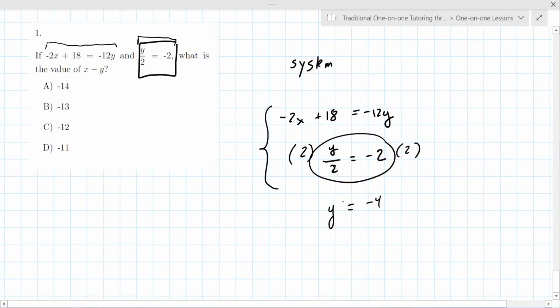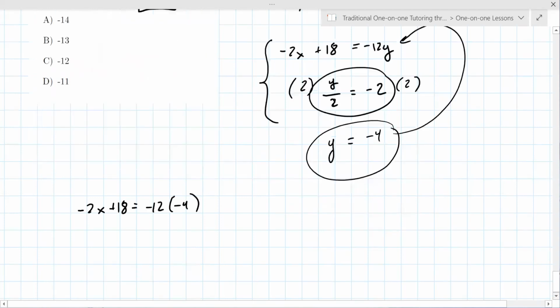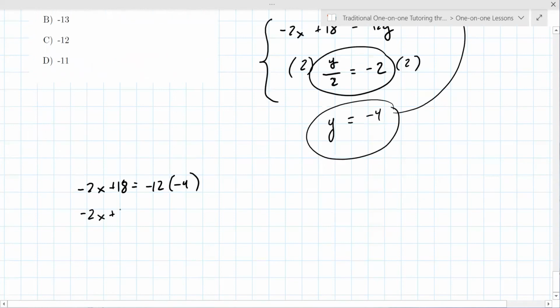And believe it or not, this is an equation. Even though it's solved, it is an equation. So this value for Y has to go back into the other equation. You take that number you just found and put it back into the other equation: -2x plus 18 equals -12 times -4. -2x plus 18 equals 48.